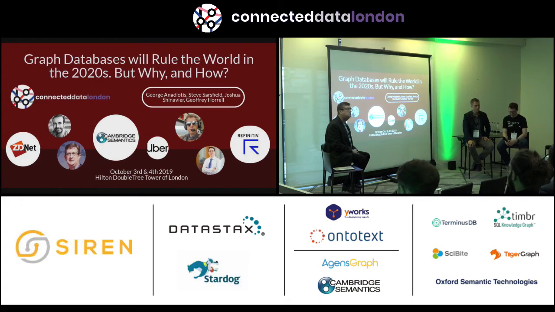So, on the subject of RDF star, one of the things that I noted about it was the edges are all anonymous. Do you think that is an issue for replicating the full functionality of a property graph? Go ahead. I'm not entirely sure I understood the question.